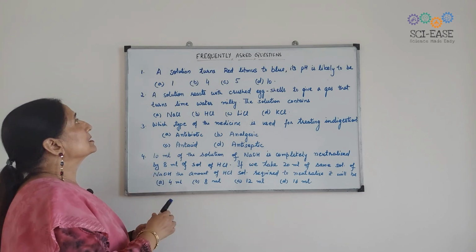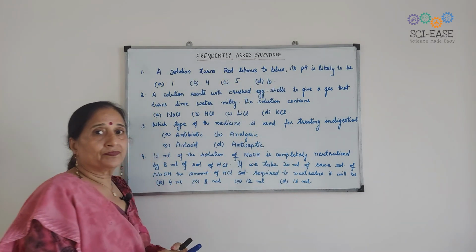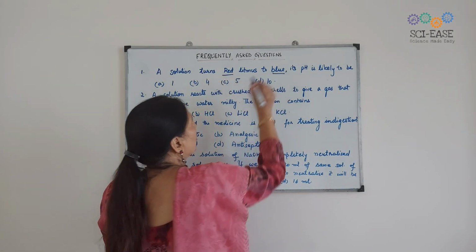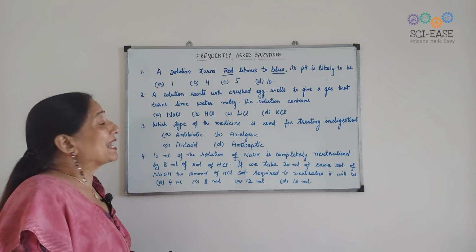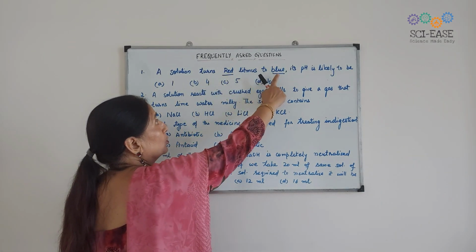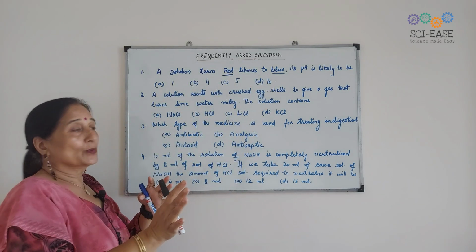First MCQ is, a solution turns red litmus to blue. Its pH is likely to be? Bases turn red litmus to blue.